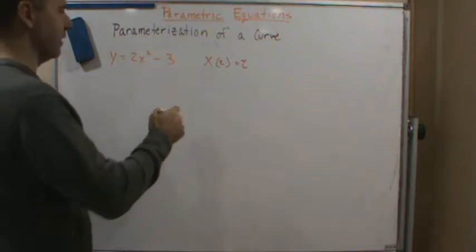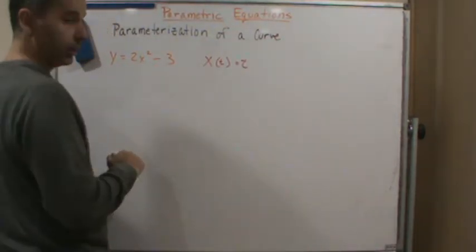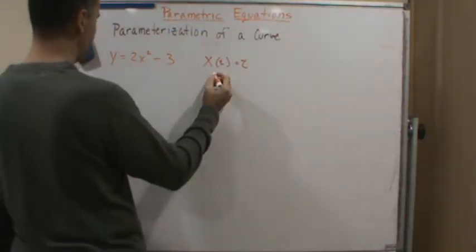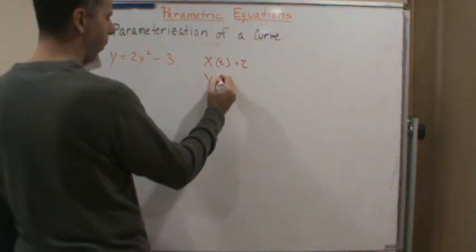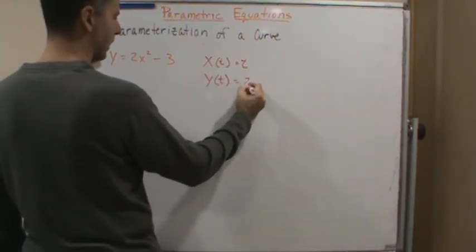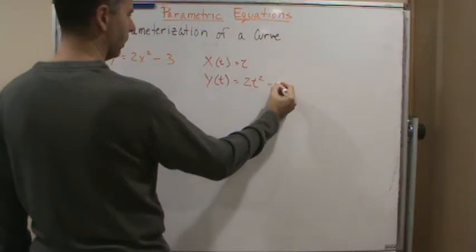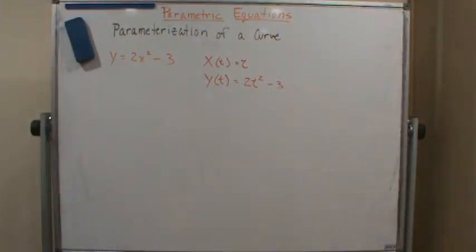If that's what I'm going to use, then y of t is equal to 2t squared minus 3, and I'm done. There's nothing wrong with that. The parameterization really depends on what you choose for your substitution.